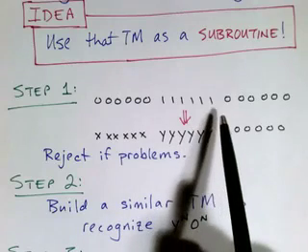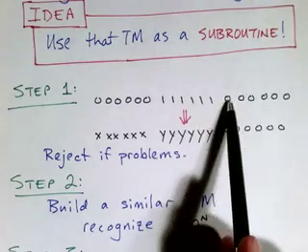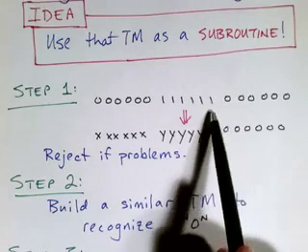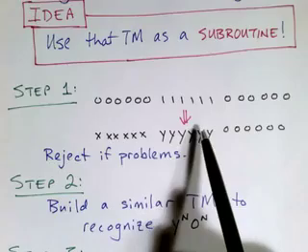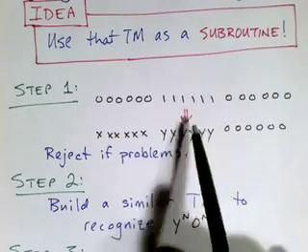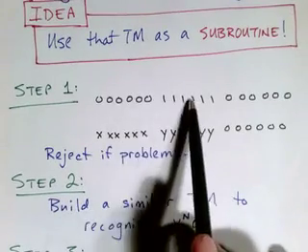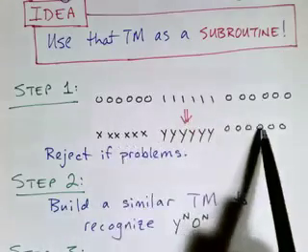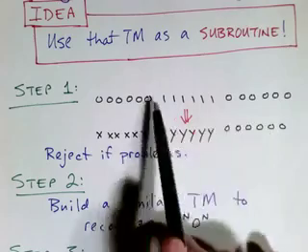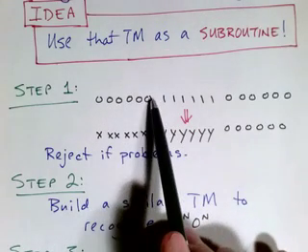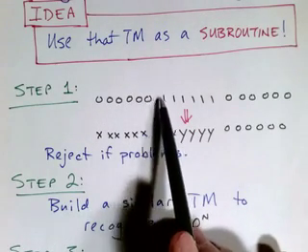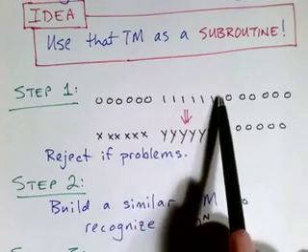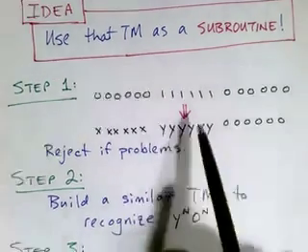We might have to modify that Turing machine a little bit because it was looking for a blank after the last one, but I think you can see that we could modify it appropriately. So it will modify this input to this, and if for some reason the number of initial zeros is not equal to the number of ones that follow it, then it will reject.